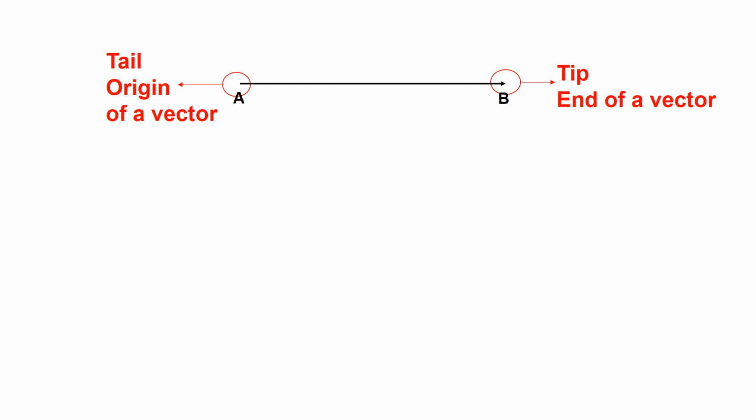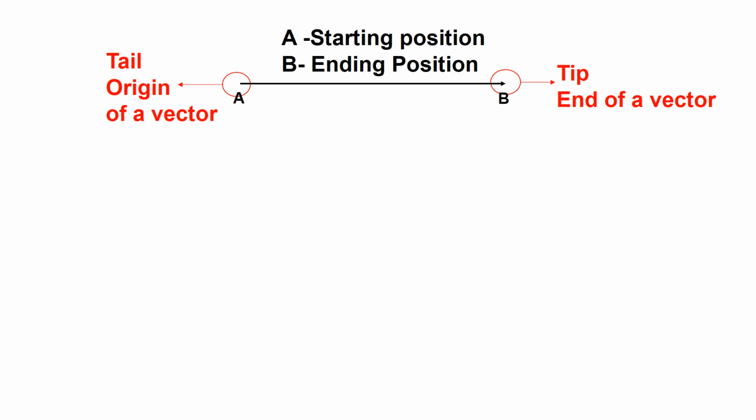It is always pointing in the direction of a vector. For example, in a displacement vector, it is pointing in the displacement direction. A vector's tail is its starting point and its tip is its ending point. Here, A is the starting position and B is the ending position.